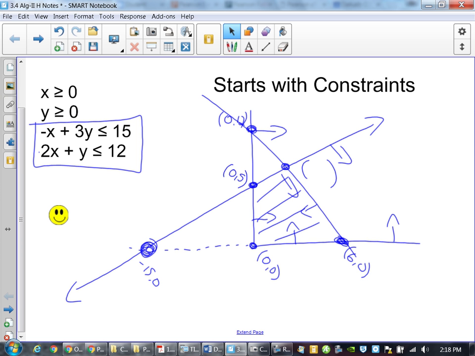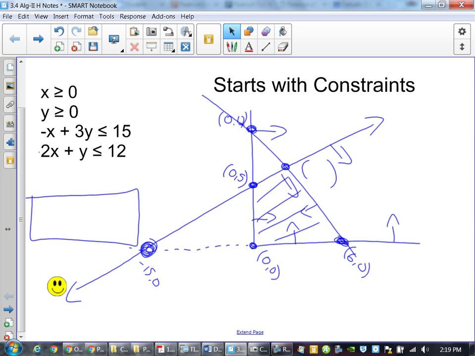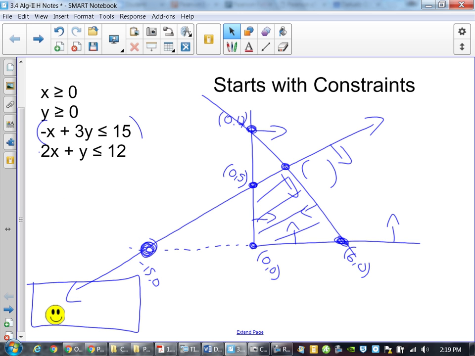Okay, so I'm looking at this. I have negative x plus 3y equals 15, and 2x plus y equals 12. In my mind, the easiest and fastest way to solve that system of equations is to double the first equation and then add it to the bottom one. Does that make sense? Because then I can eliminate my x values real fast. So, double this one.